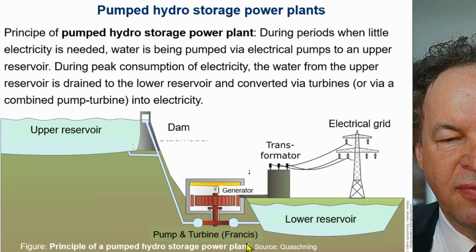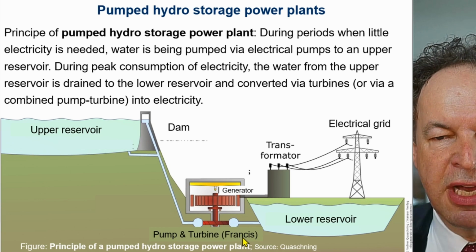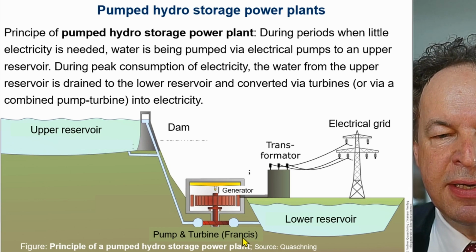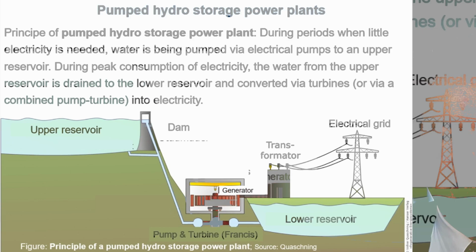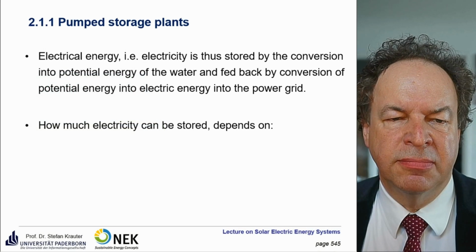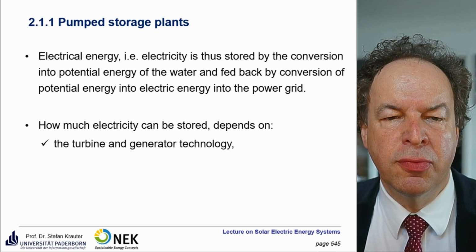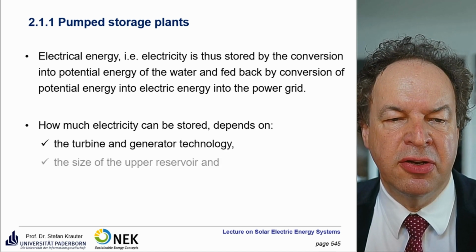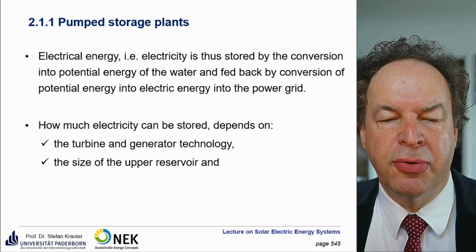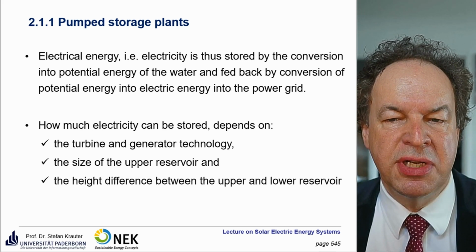This is only possible with the Francis turbine. If you use different kinds of turbine, for example, Pelton or Kaplan turbine, you have to have a separate turbine and a separate pump. The amount of electricity that can be stored depends on the turbine and the generator technology, the size of the upper reservoir, and the height difference between the upper and lower reservoir.